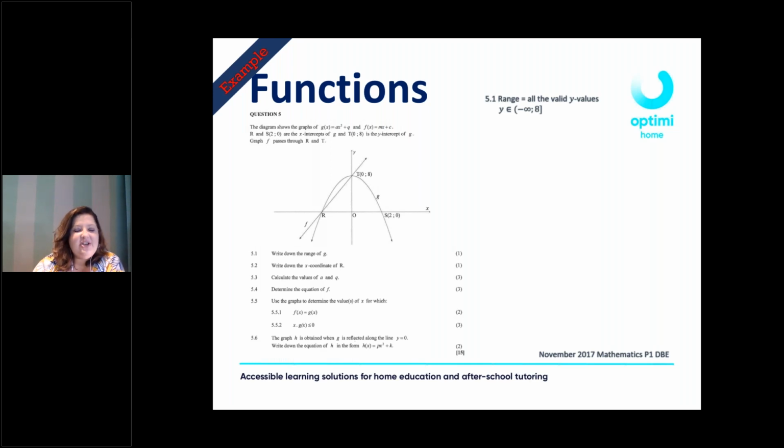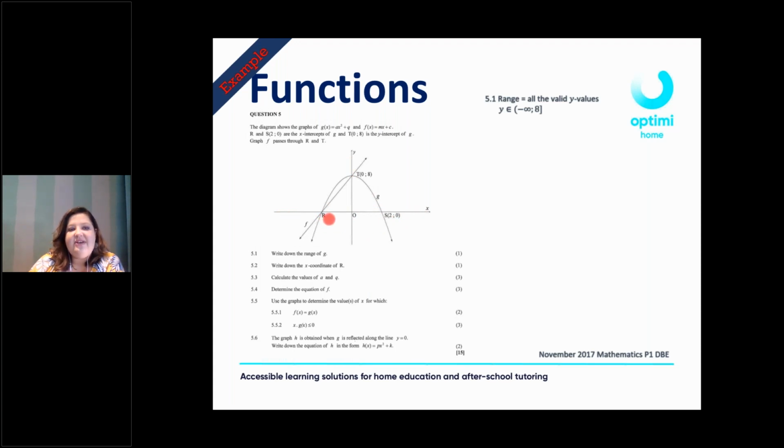Now they say write down the x-coordinate of R. When I look at the point R over there, I also know that it is an x-intercept of graph g. S and R are both x-intercepts, and at those points you will see that your y value is 0.